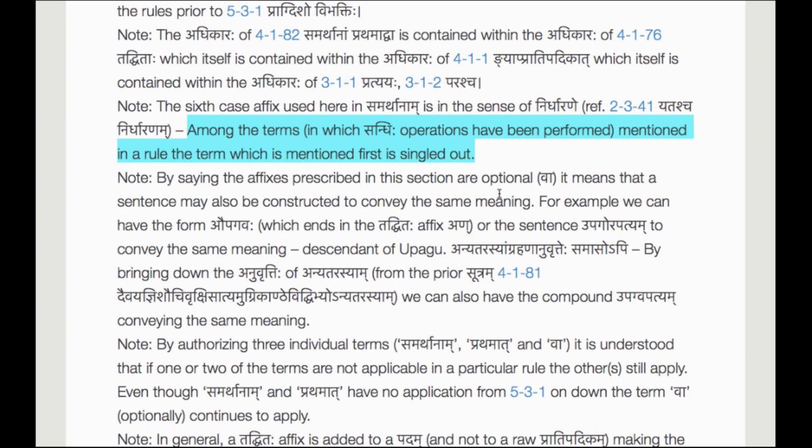And we also have to make sure that the subantam to which we are adding the Taddhita affix is capable of expressing meaning, which means that the sandhi operations in it have already been performed. That is the gist of this sutram.